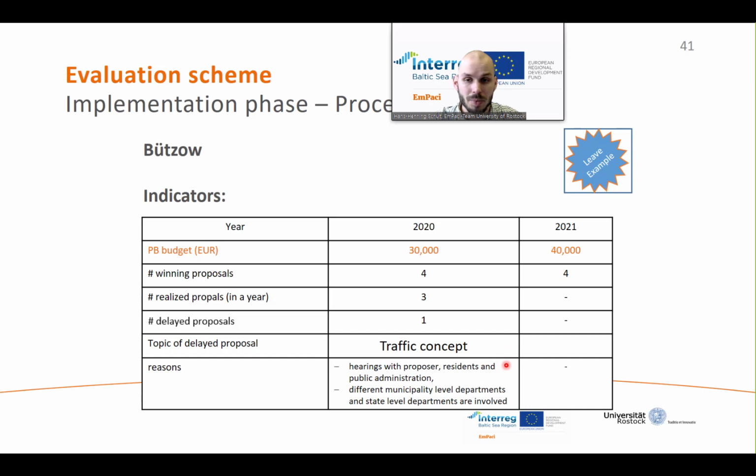If something like that pops up, municipalities need to know that this could be something that is delayed because of the high rate of communication and meeting requirements. For the current PB process 2021, there is no data because the voting has just taken place, and we are not in the implementation phase yet.